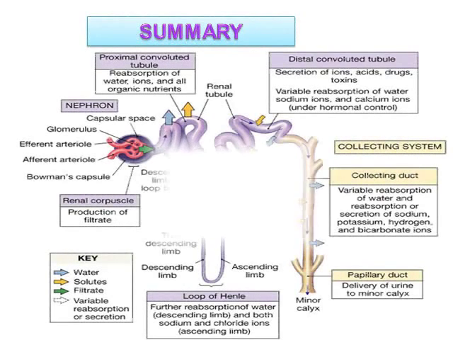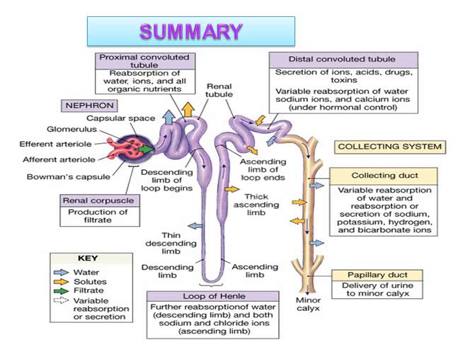Now, let us memorize the process that occurs at each component of the nephron. Proximal convoluted tubule: reabsorption of water, ions, and all organic nutrients.